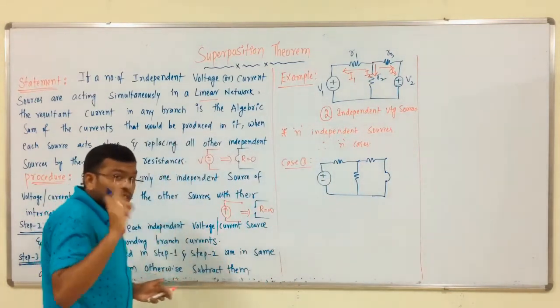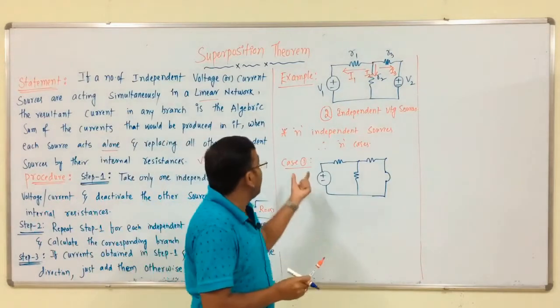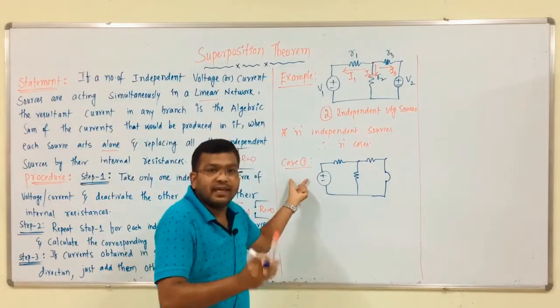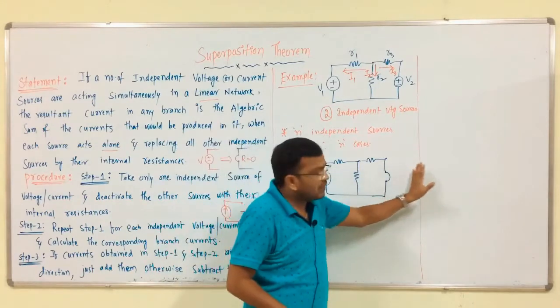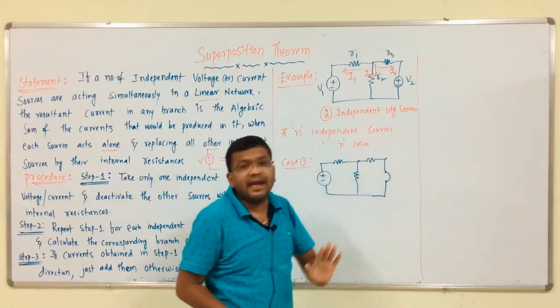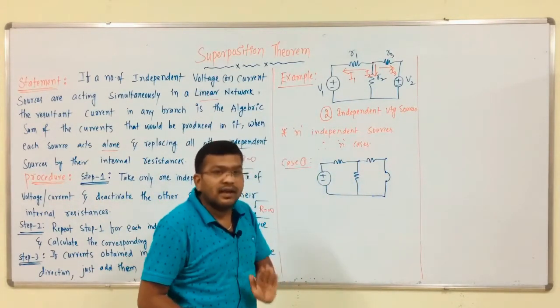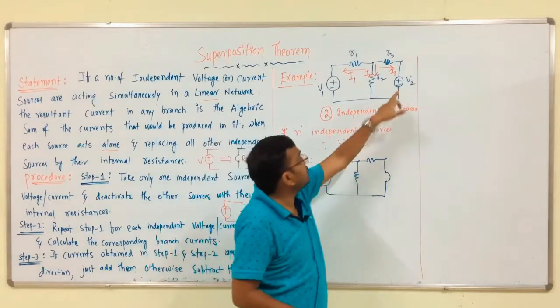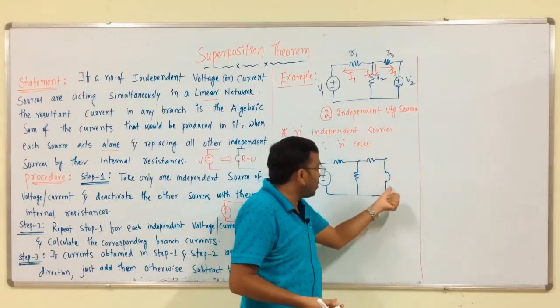Only one source should be active in each case, and all the remaining sources should be deactivated with their internal resistances. What is the internal resistance of this voltage source? 0, that is why short circuited.